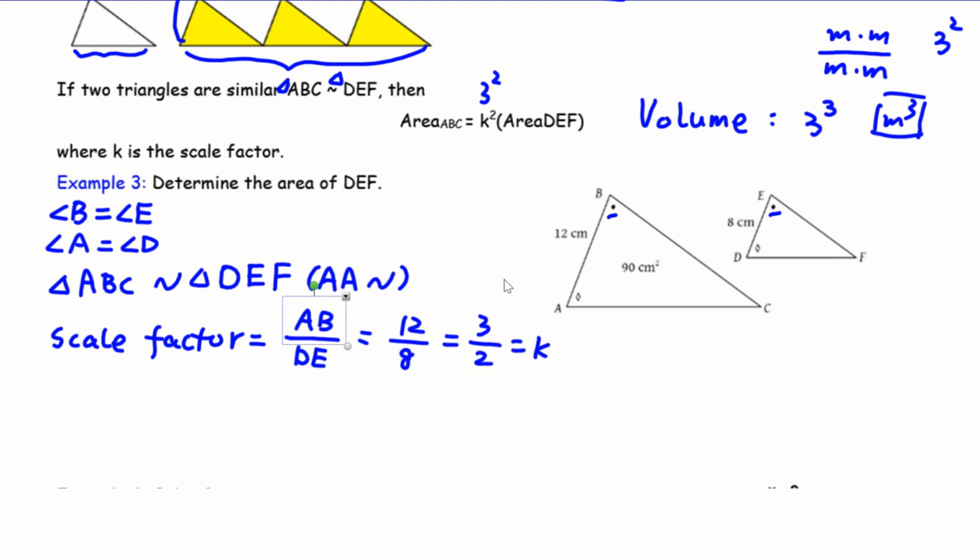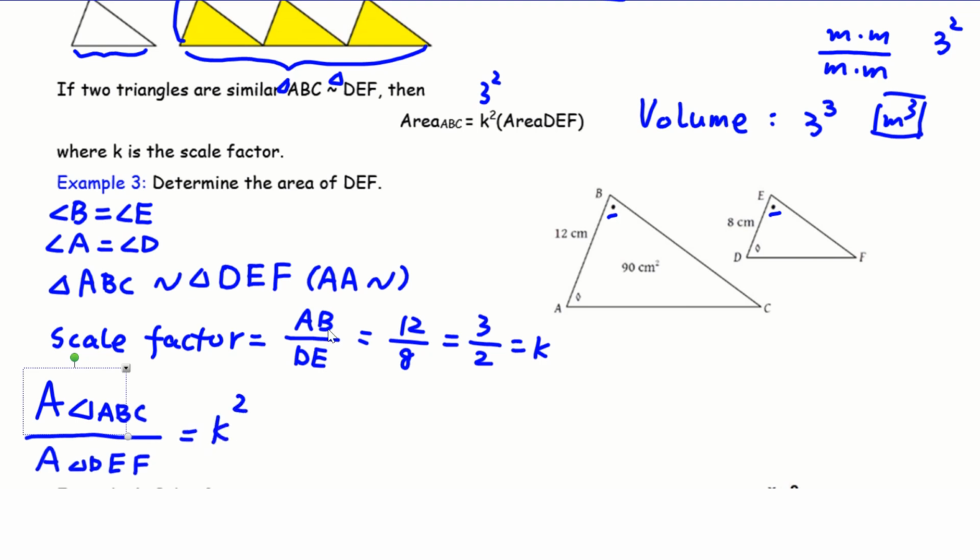Then the area ratio is the area of triangle ABC divided by the area of triangle DEF, which is k squared. So the corresponding size ratio is k, and the area ratio is k squared.